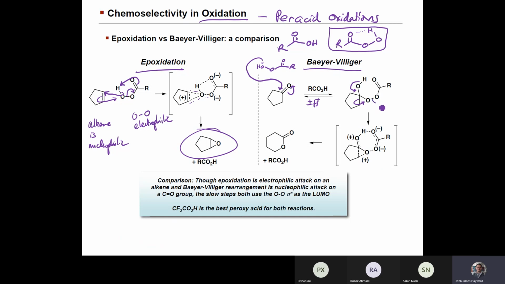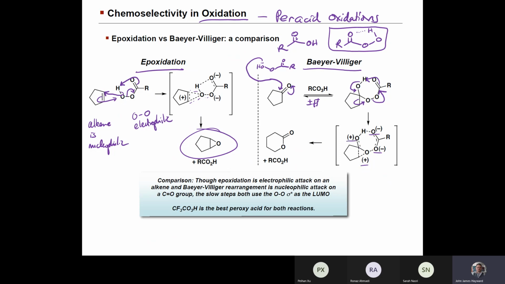As that attacks, the OO bond breaks, and you can either show that electron going onto the oxygen, or let's go all the way around and then have that take off the H. So electron density starts to build up on these two oxygens.